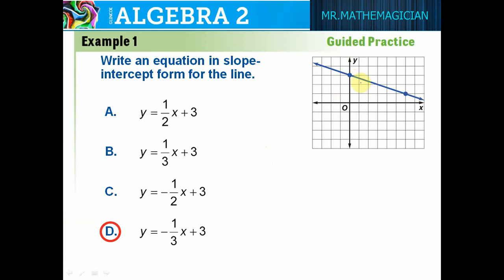We are going to take these 2 points. This point is 0 and 1, 2, 3. So this is 0 and 3. And this point is 1, 2, 3, 4, 5, 6. So it's 6 and 1.